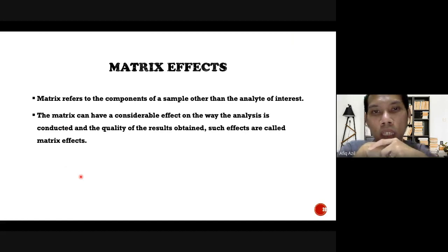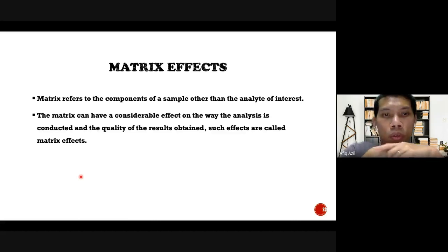Then another thing that you have to know is the matrix effect. Matrix is actually the component of a sample other than the analyte of interest. Let's say you have a formulation of drugs and your analyte is the active ingredient, the API. The rest of that is considered to be the matrix.